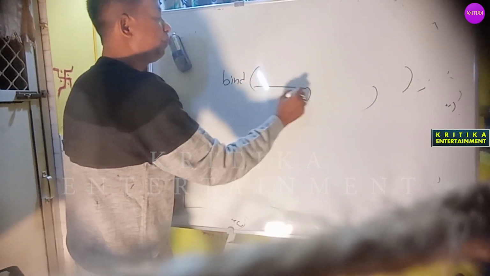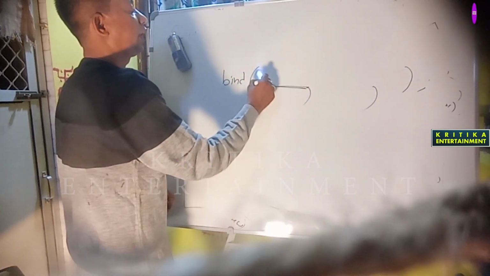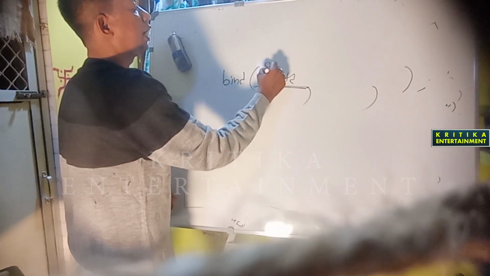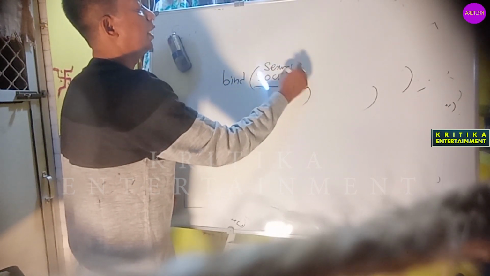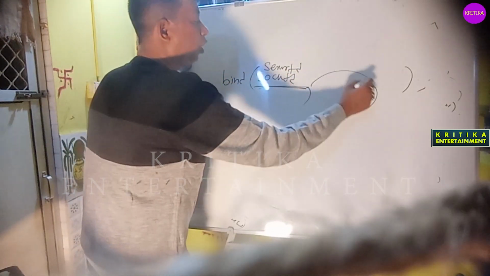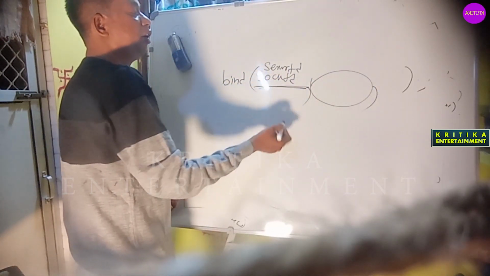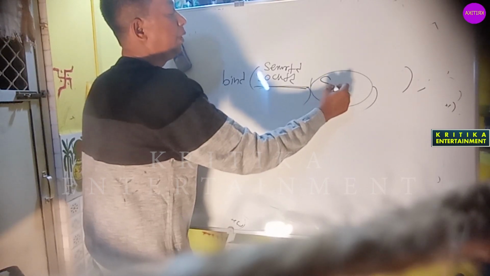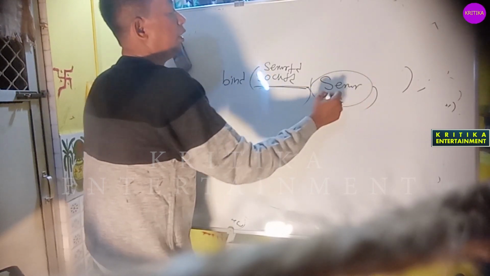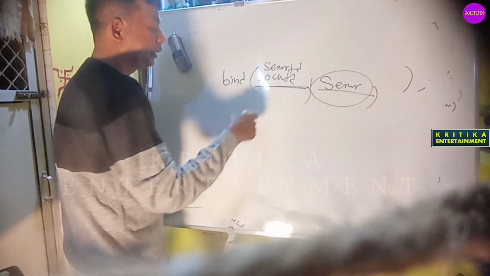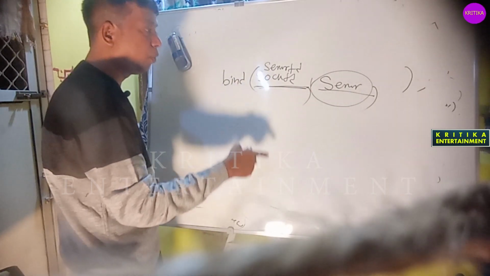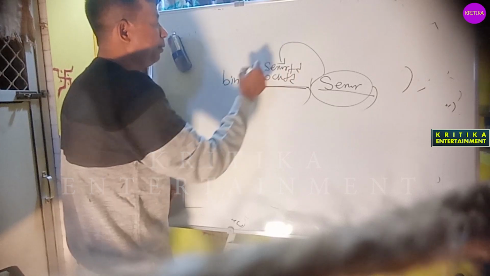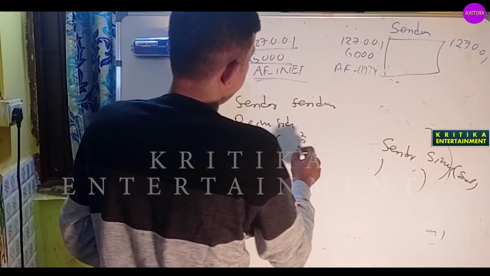Always remember the first argument is the socket, that means sock fd, or server fd which I declared previously. Bind means the server will be bound. Here I mention the server variable to which I have assigned the domain, port and IP address, which will be associated with the server fd by using the bind function.